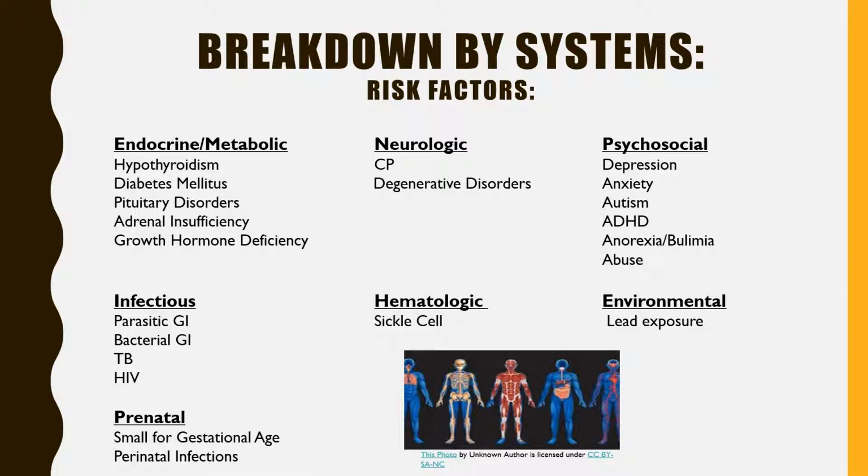Neurologic, our kids with CP. We can't rule out psychosocial: depression, anxiety, anorexia, bulimia, and abuse. Infectious disease, environmental issues such as lead exposure, and also we've got to look at the prenatal care that the child had received. Are they small for gestational age? Were there any perinatal infections?